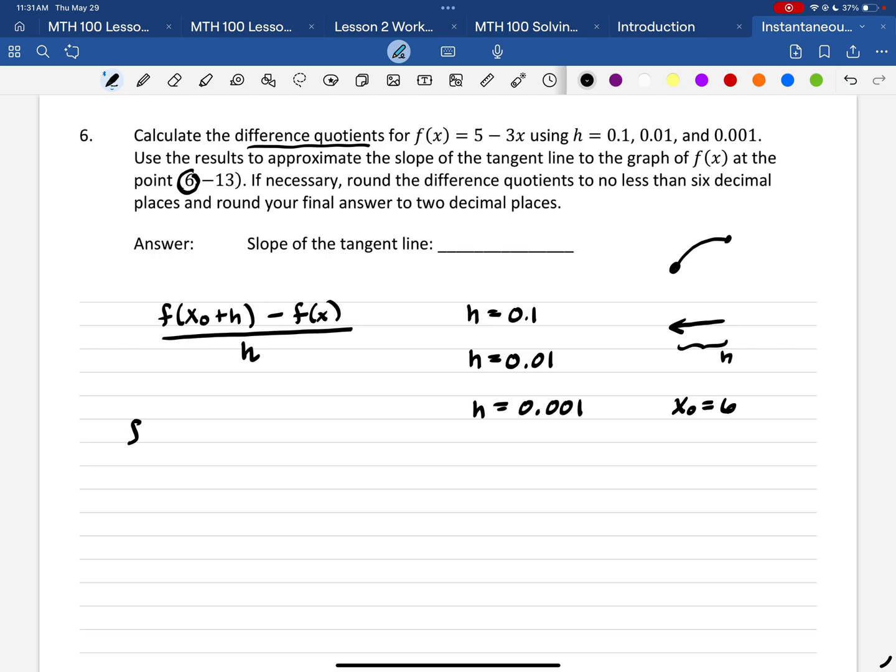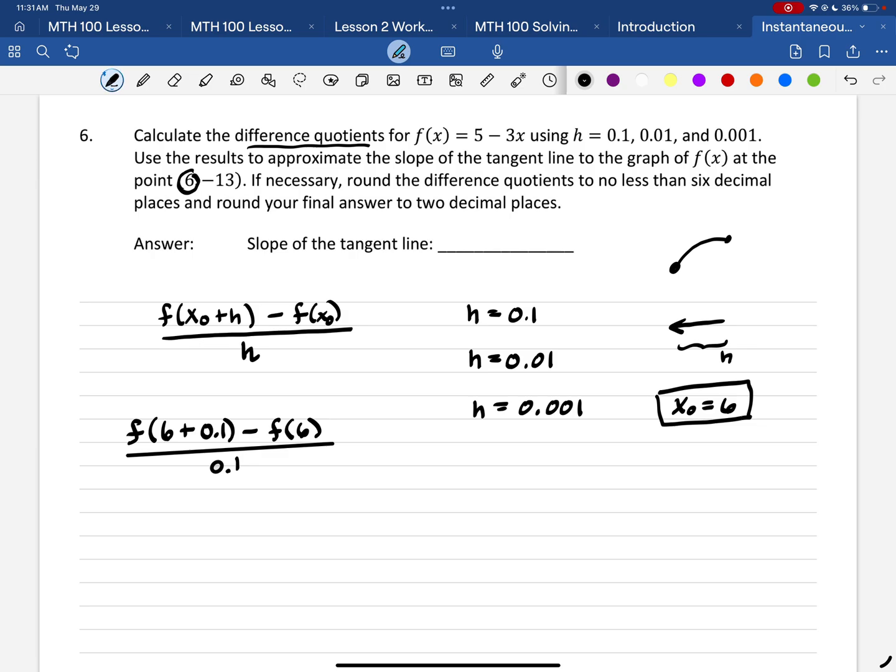So f of 6 plus 0.1 minus f of 6, divided by h is 0.1. Okay, so remember, we're calling x sub 0 6, and there's our difference quotient.